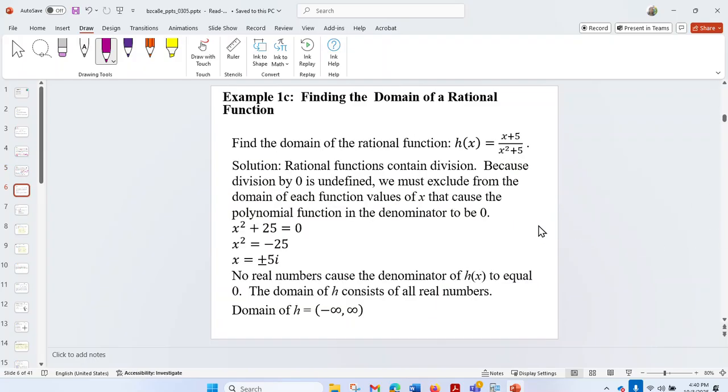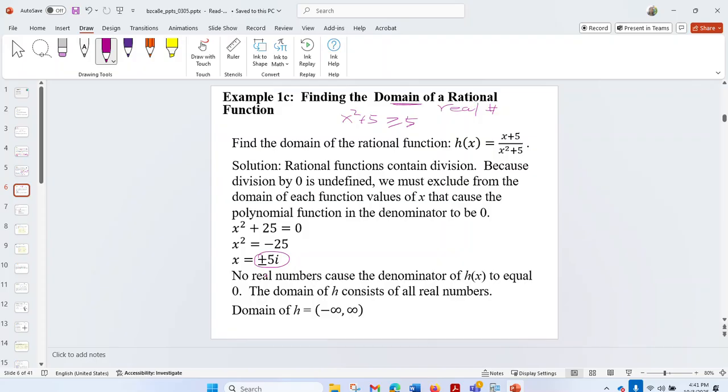Okay, if you look at this one right here, x squared plus 25, this is always greater than or equal to 25. When we talk about the domain, it is in the real number system. If you set x squared plus 25 equal to 0, you get an unreal solution.